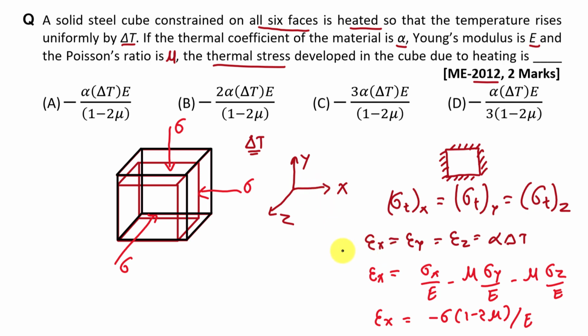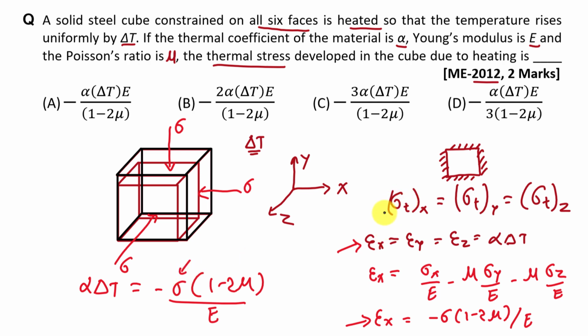Now here we can compare this value of strain and this value of strain because both are going to be equal, right? So from here we can say that alpha delta T is equal to minus sigma into (1 minus 2 mu) divided by E. And here this sigma is nothing but the thermal stress sigma T.